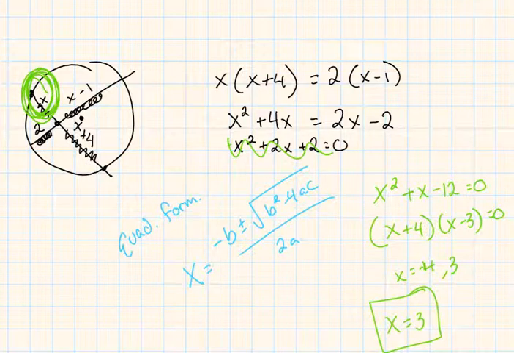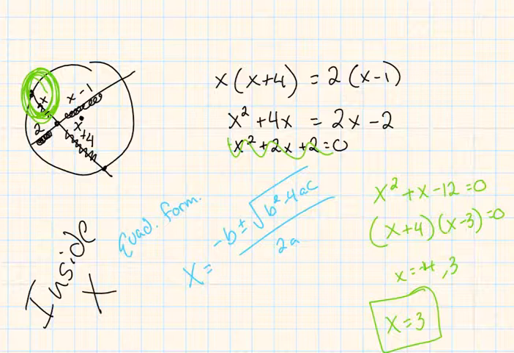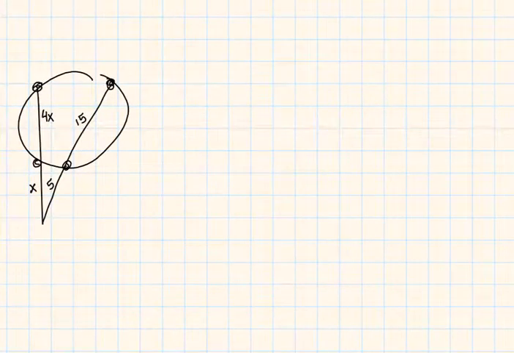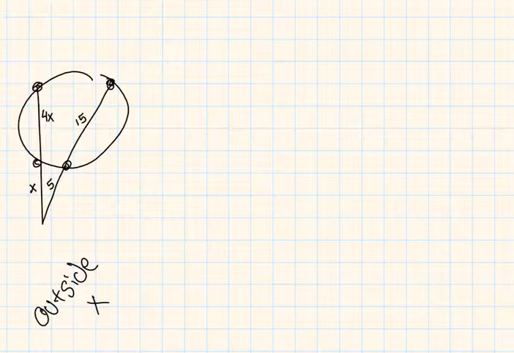Now this example covered the inside intersection, versus our next example, which covers an outside intersection. So here, if we're talking about the segments of secants, instead of just strictly multiplying the segments, we have to consider what pieces we're multiplying.